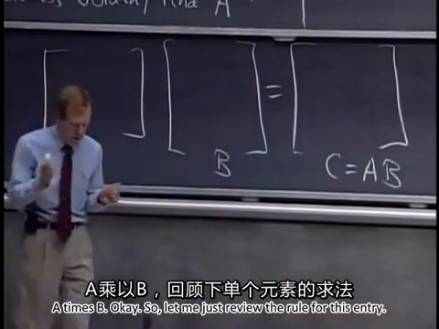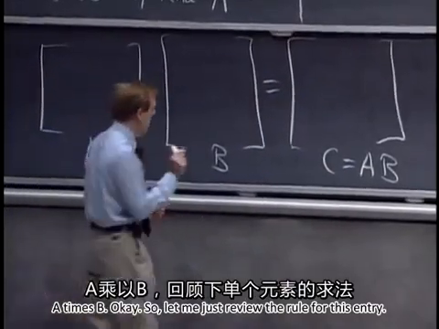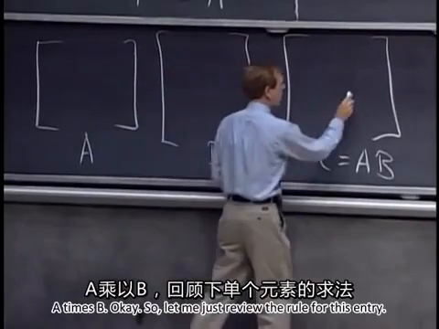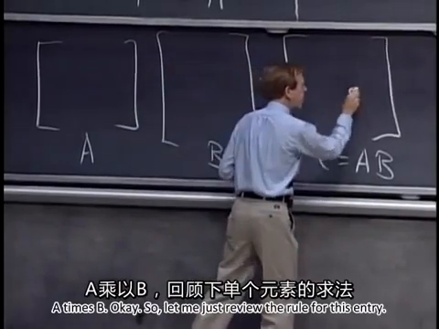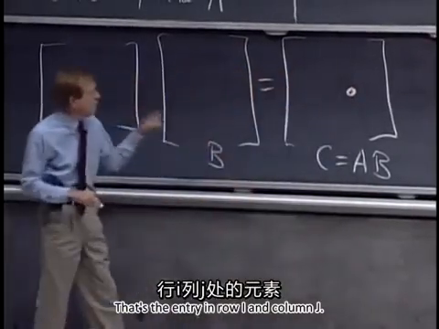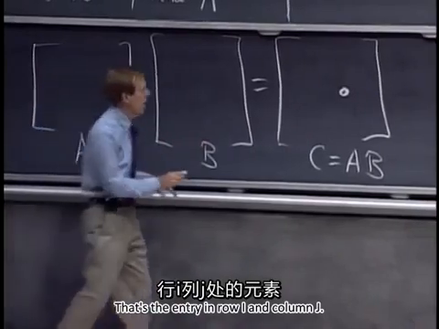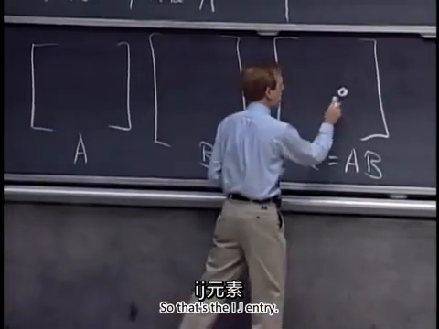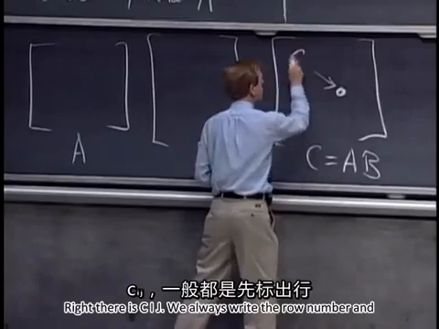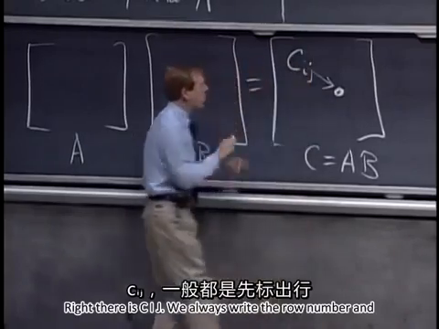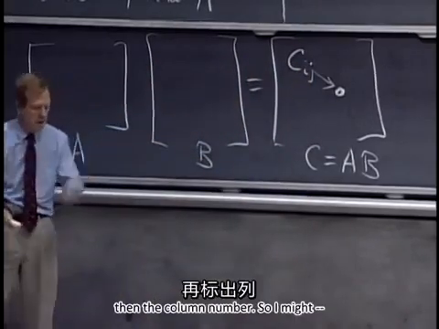So let me just review the rule for this entry. That's the entry in row I and column J. So that's the IJ entry. Right there is CIJ. We always write the row number and then the column number.